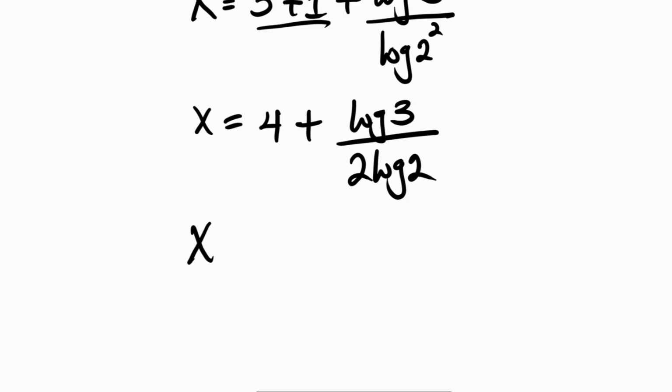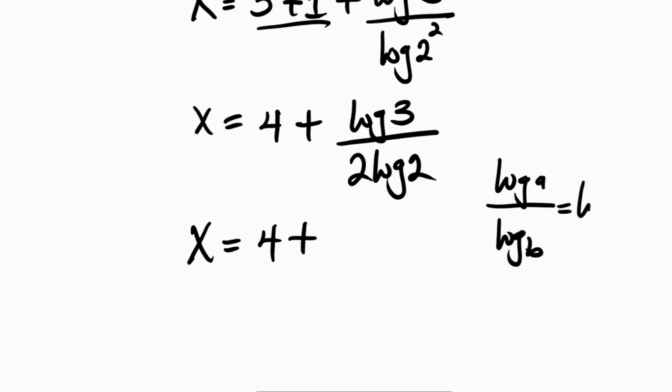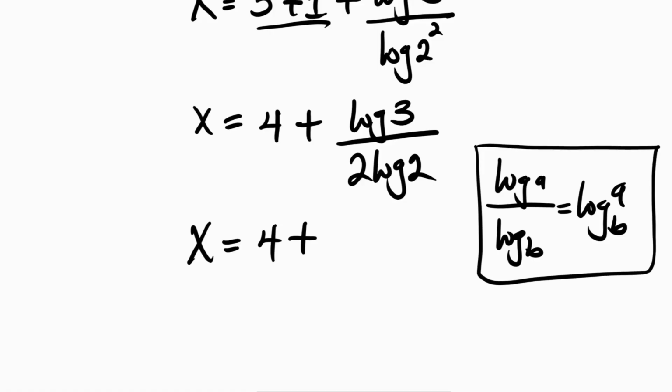Now, so what we have is 4 plus, we know that log of A divided by log of B, right, is equal to log of A base B. Okay, so we're going to apply that. This becomes half log of 3 base 2.